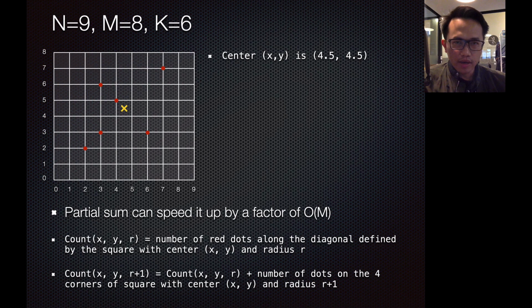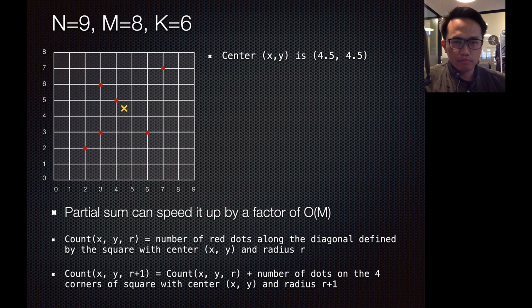Now if you expand the size of the square, make it 1 bigger in radius, then count of xy and r plus 1 would equal the count of xyr, the count of the inner square, plus how many red dots are on the 4 corners of the outer larger square with radius r plus 1. The center is still xy.